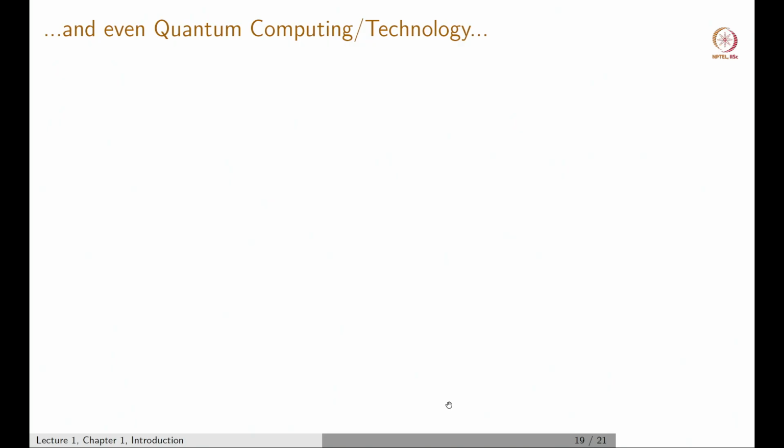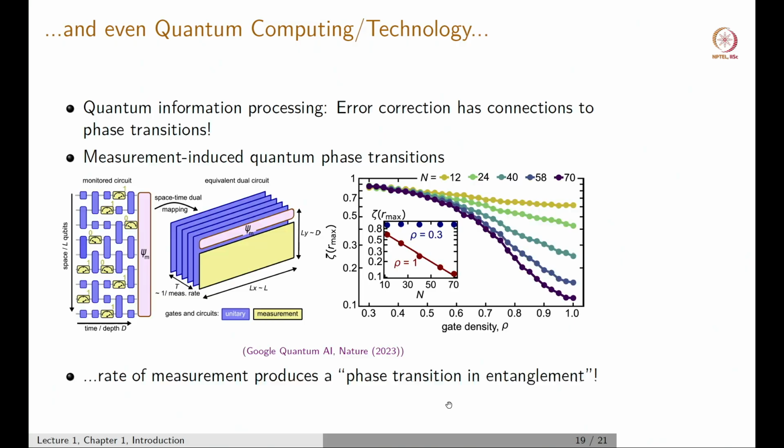Okay. So I also have to flash a couple of slides to show you that they're absolutely important for the most interesting and important things going on today, that is quantum technology. You can show that there is a deep connection between quantum error correction and phase transitions. I'm showing you here some experiments from Google which produce what are called measurement induced quantum phase transitions.